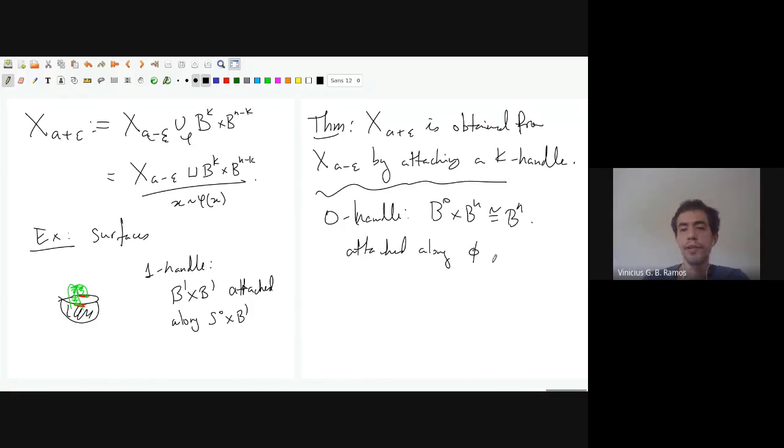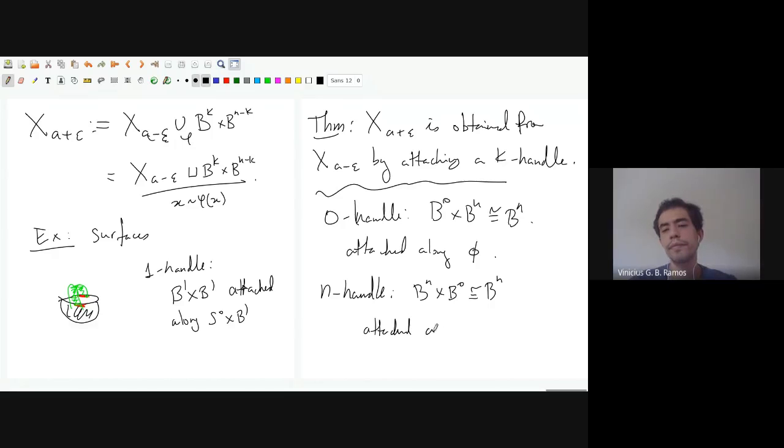As we said in the previous examples, when you have an index 0 critical point, you just have a new ball that appears. So you just take the disjoint union with a ball. But an n handle, the maximum dimensional handle, is B^n times B^0, which is also diffeomorphic to a B^n, but it's attached along S^(n-1) times B^0.